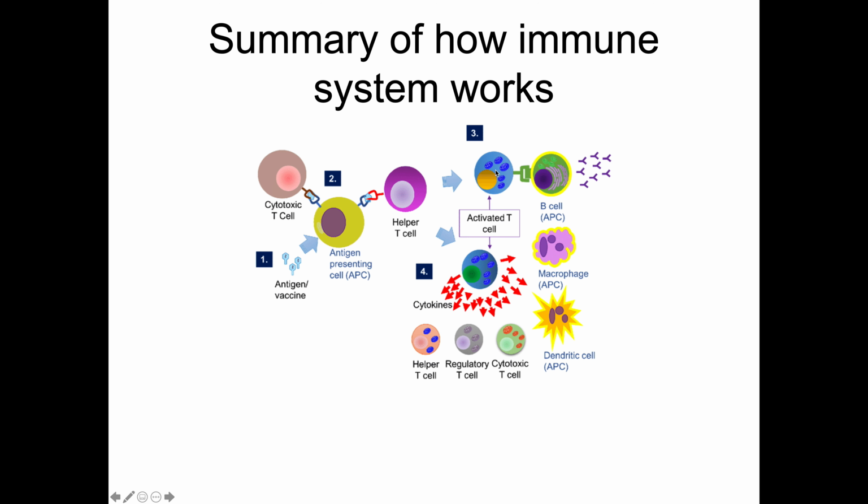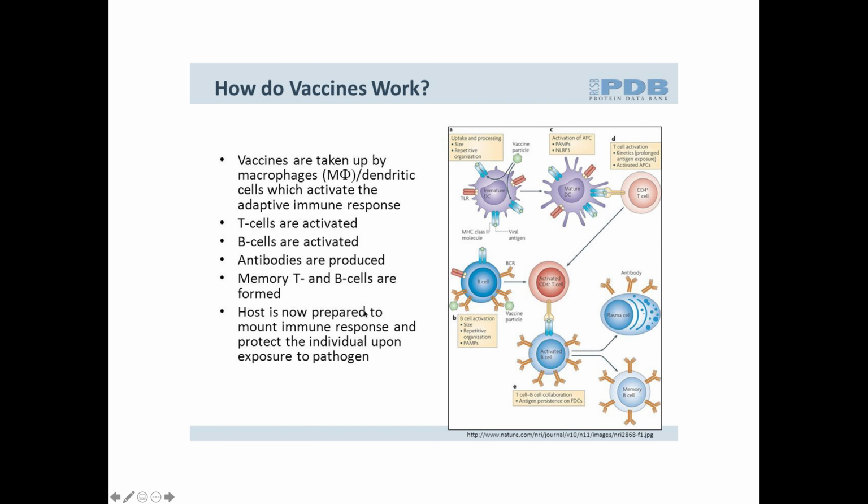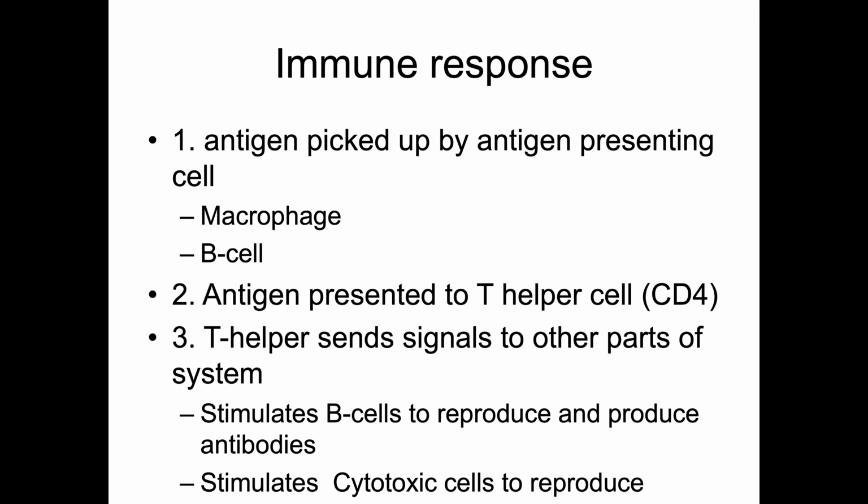These things will cause B cells to make antibodies, and cause these to make things that kill other cells or kill the antigen. Antibodies bind to the antigen and make it more tasty to get picked up. It's kind of like sugarcoating it. Okay, so that's what happens in an immune response.